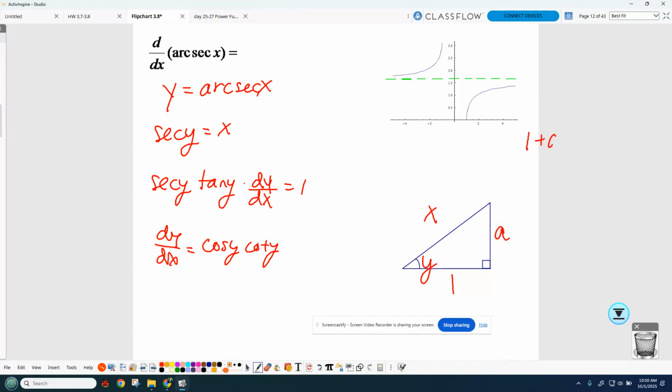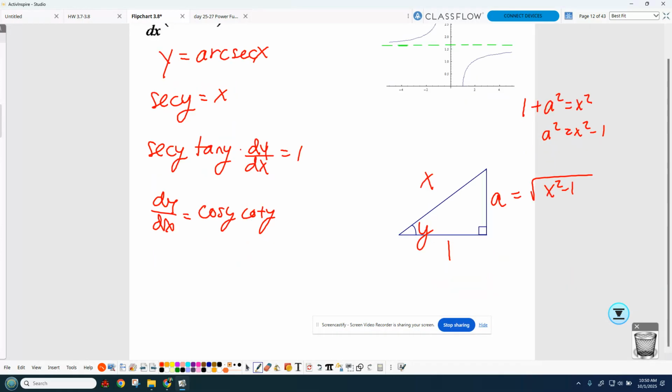Okay. Pythagorean theorem. Gross. Yuck. All right. Alex, what is cosine of y, reading it off of there? Cosine of y is 1 over x. Thank you. Francesca, what is cotangent of y?